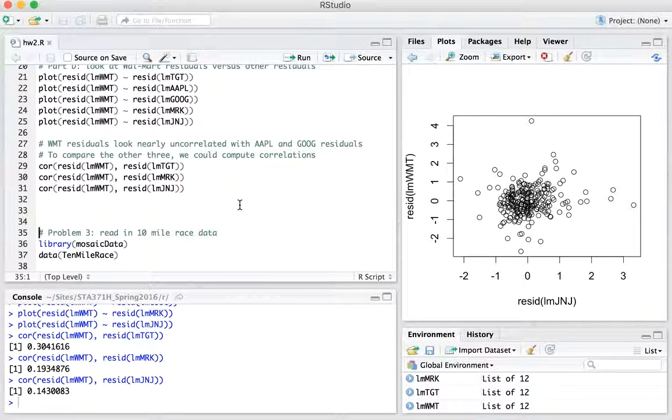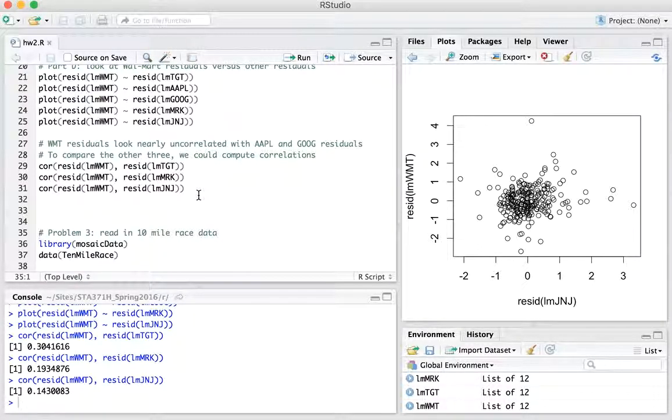So that's evidence for the claim that even once you adjust for their shared dependence on the broader market, there still is a substantial amount of correlation between Walmart and Target returns. And that stands to reason because they would respond to economic pressures in broadly similar ways, given that they're broadly similar companies. Okay, so that closes off our discussion of the stock market problem.